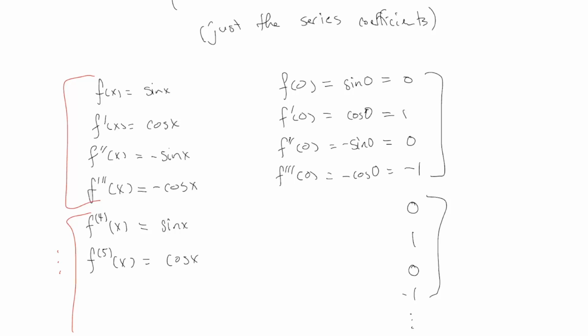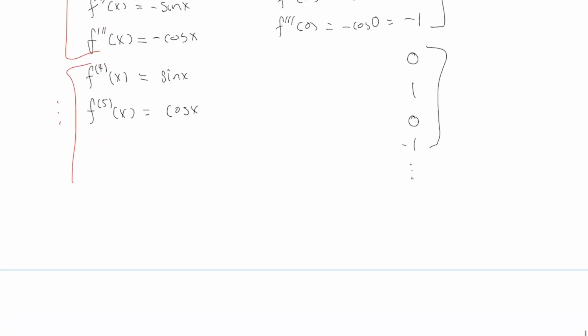And so, what are the actual c's? The c's look like, cn is 1 over n factorial times the nth derivative plugging in 0. We know these guys, they alternate in this pattern, 0, 1, 0, minus 1, 0, 1, 0, minus 1.